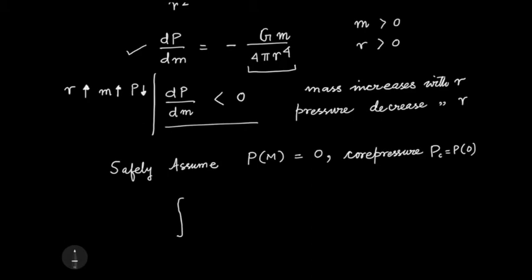So this goes from the pressure at 0, which is PC, to the pressure at the surface, which is 0, dP equals minus, mass at the center is 0, mass at the surface is the mass of the star, and then GM dM by 4 pi r to the 4.